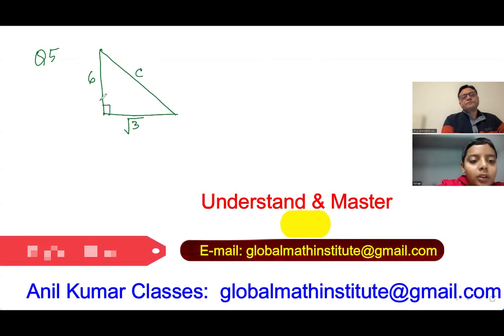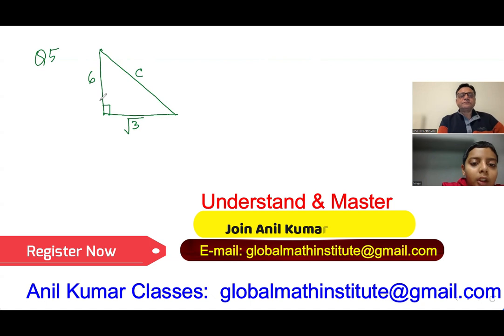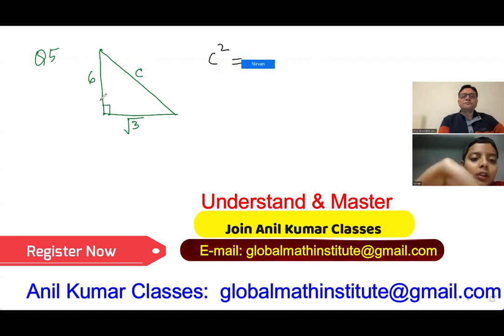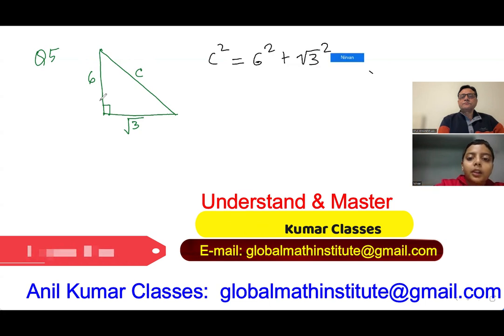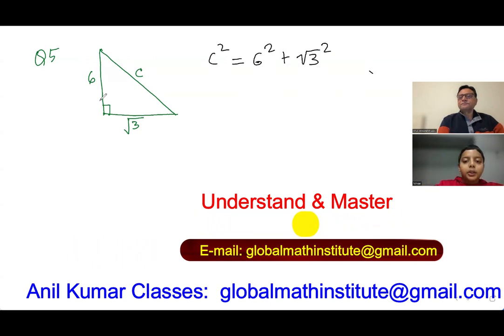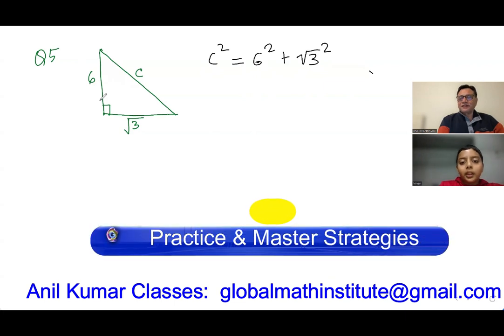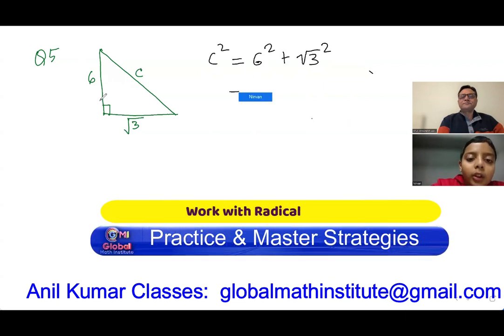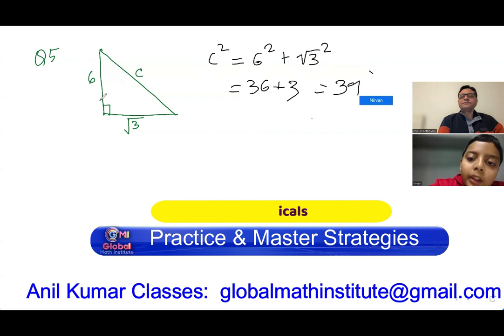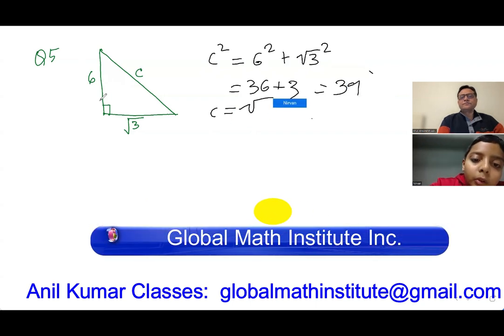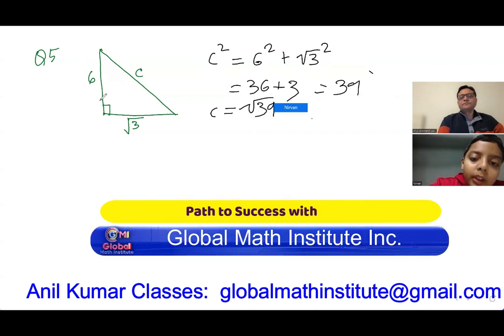So C square is 6 square plus square root 3 square. When that goes, it cancels with the square root and it'll just become 3. It's easier. So it equals 36 plus 3, 39. Perfect. So C equals square root 39.